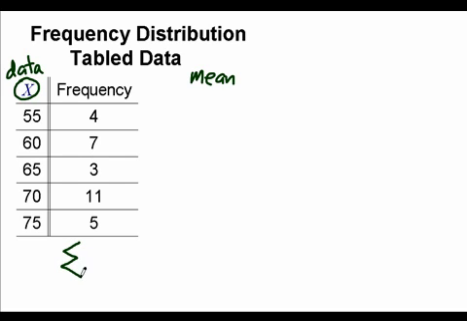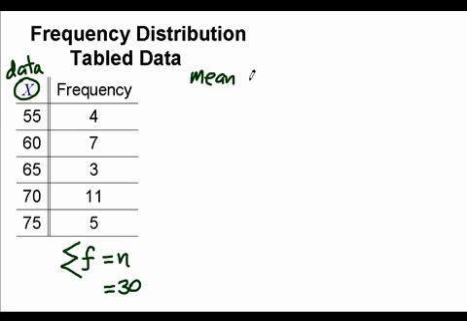This symbol is called a summation. It just means add them all up. So the sum of the frequencies is going to equal what we've been calling n, the number of elements. So if we add these all up, we get that the sum of the frequencies is equal to 30, or the number of elements is 30. At least I think it is. That's 11, that's 22, 25, yeah, 30.